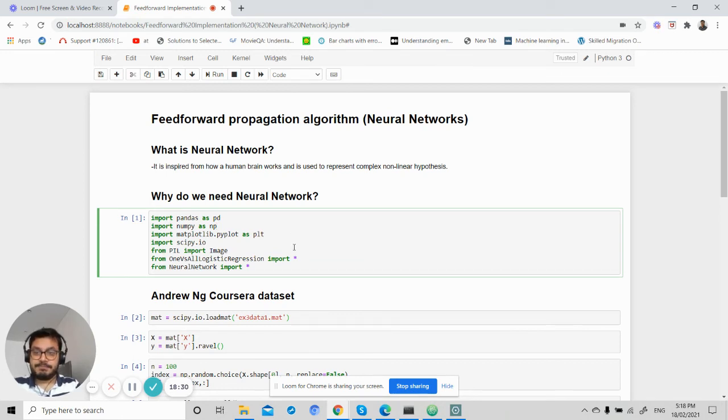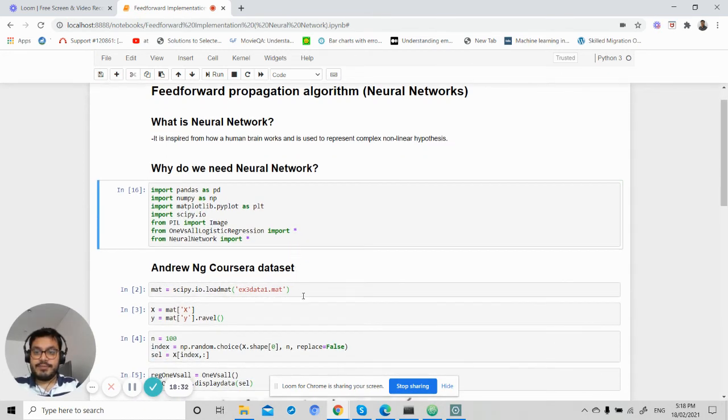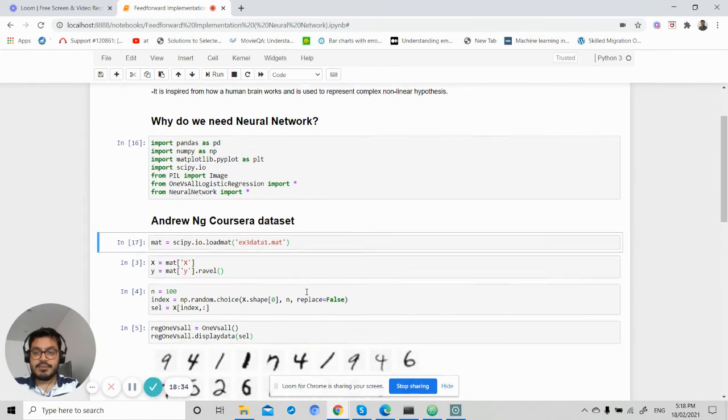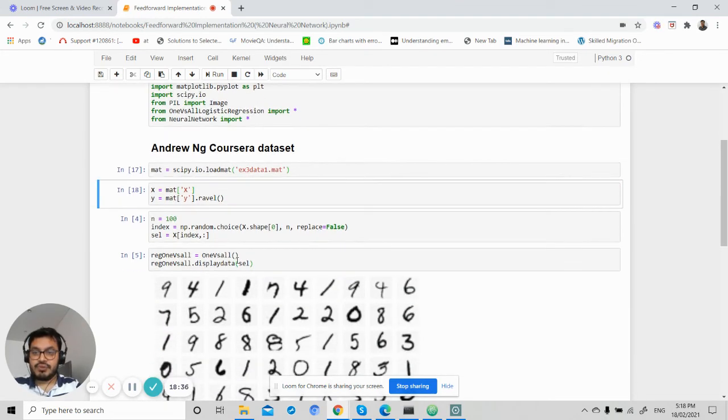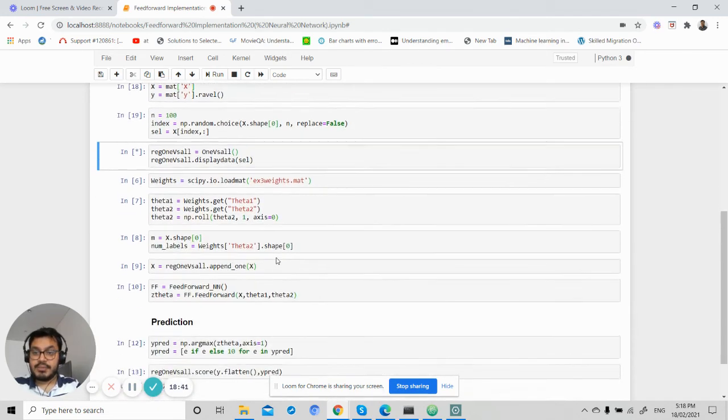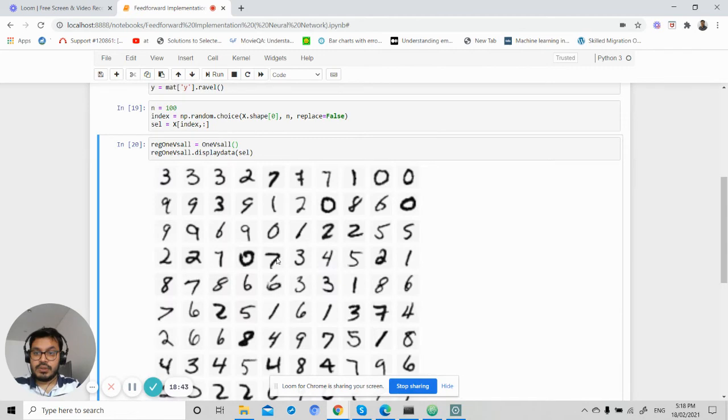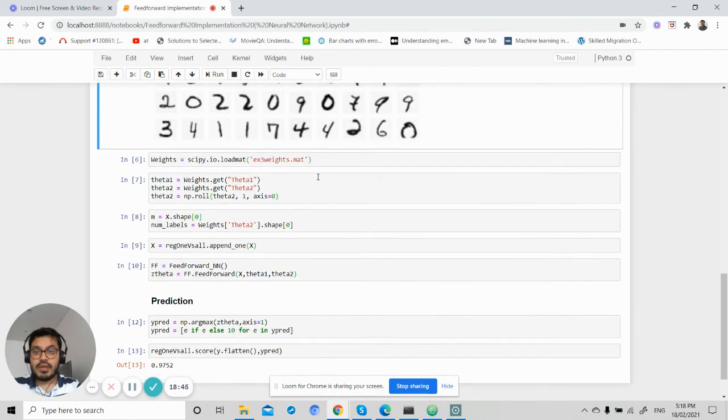So this is my library. This is the same dataset that I have used from Andrew's Coursera course. This visualization is the same that I did last time. So now we have our weights.